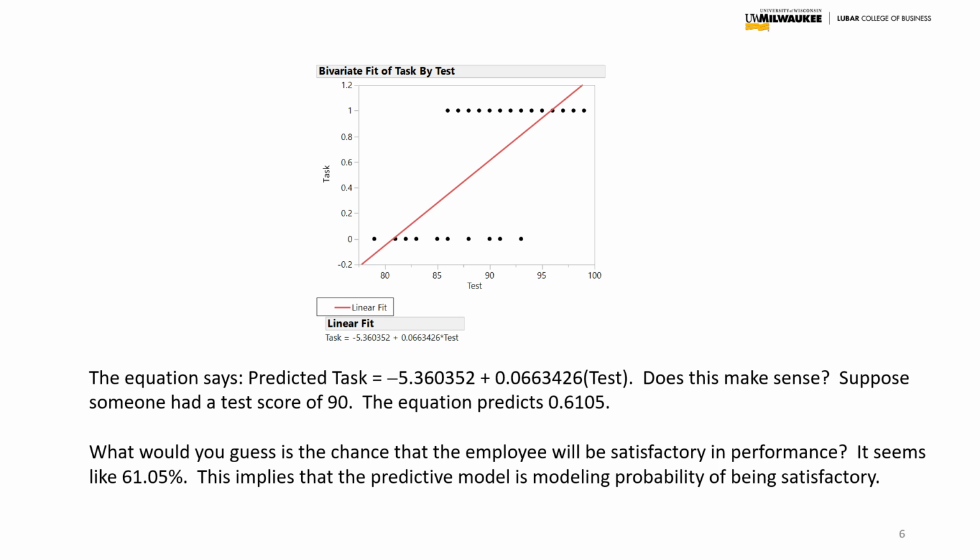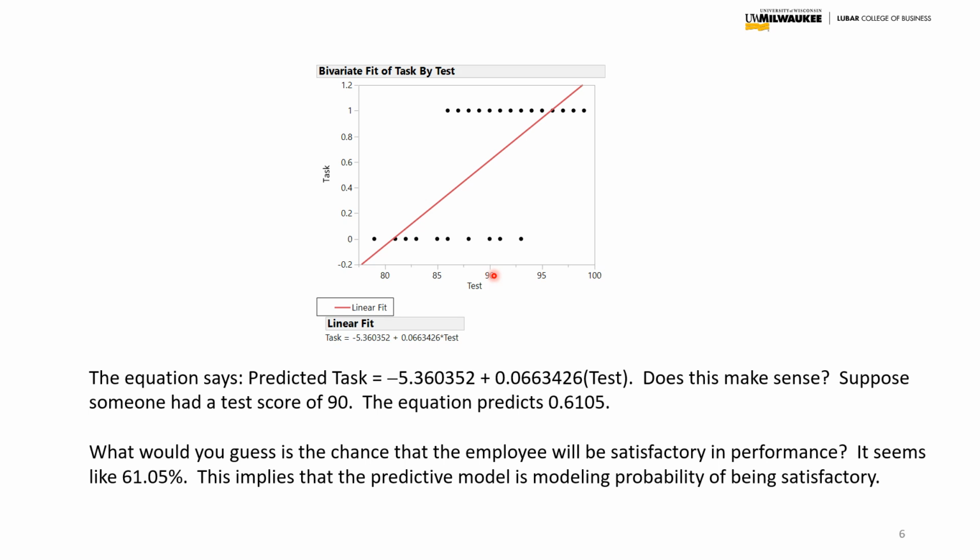Let's look at a plot of task against test scores for the employees. We see the Y variable in task takes on only two values, 0 and 1. If we were to plunge ahead and fit a standard regression line, we would get the line shown on the slide. Consider the situation where an individual gets 90.